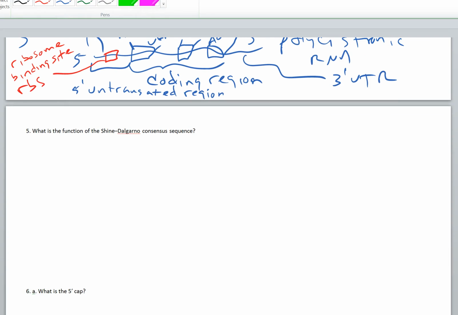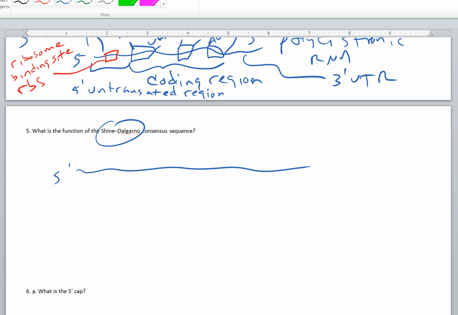If you have a prokaryotic RNA, Shine-Dalgarno is only in prokaryotes, and it's a ribosome binding site.